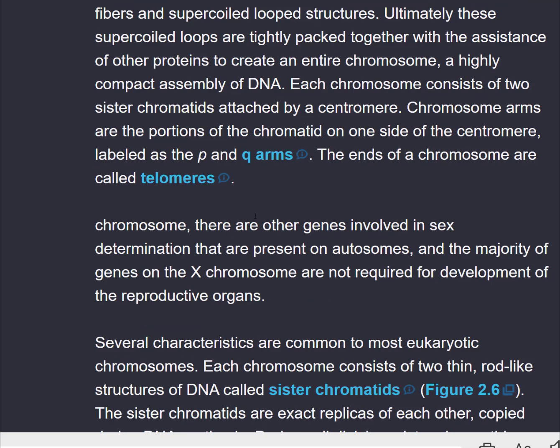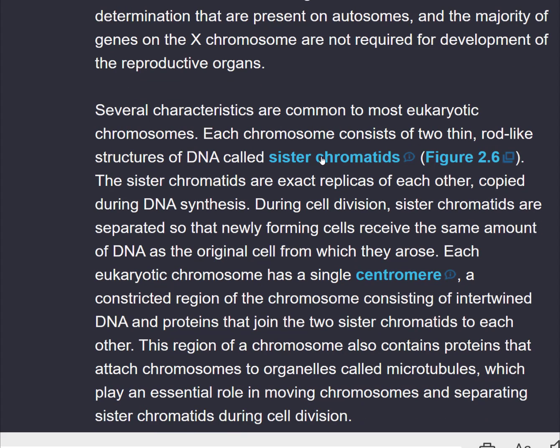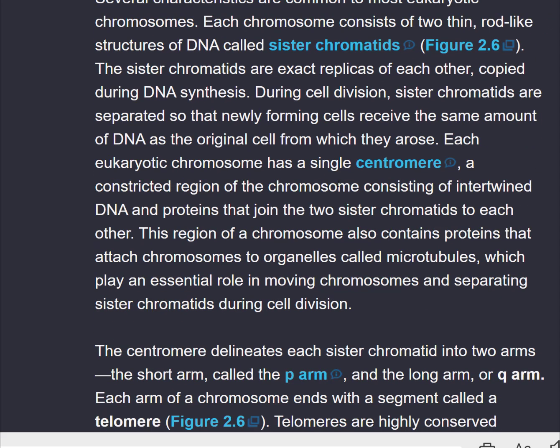Next is sister chromatids. Sister chromatids are exact copies of double-stranded DNA molecules and proteins, chromatin, joined to form a chromosome. Then we have centromere, constricted region of a chromosome formed by intertwined DNA and proteins that hold two sister chromatids together.